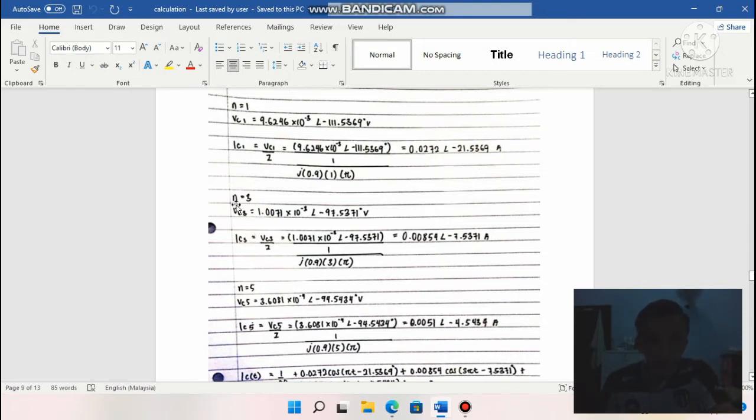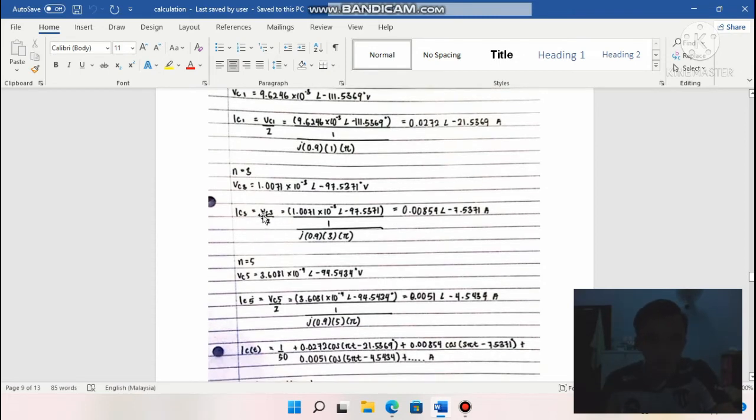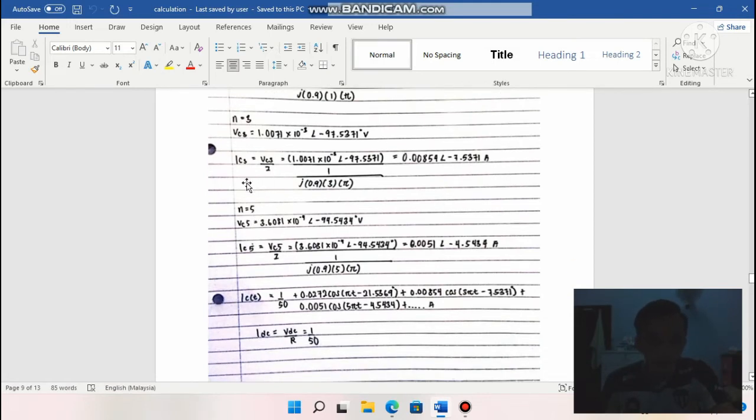Then for N equal to 3, we use a similar formula and get this answer for current. And for N equal to 5, we take the voltage on the capacitor, VC5, divided by impedance, so we will get this answer.